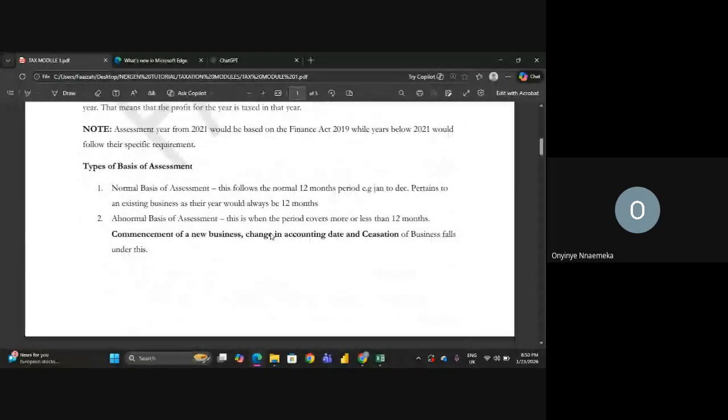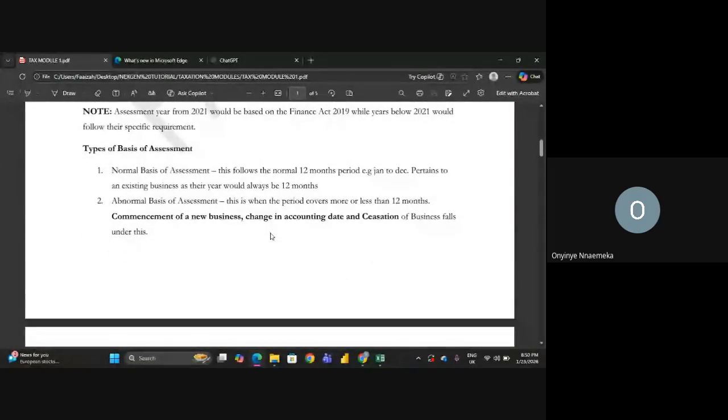So now, types of basis of assessment. You have the normal basis and the abnormal basis. The normal basis pertains to an existing business. That's when you have the normal period of 12 months. There's no deduction and no increment. It's 12 months, right? And like I said, it pertains to an existing business, which means the business will be taxed on preceding year basis.